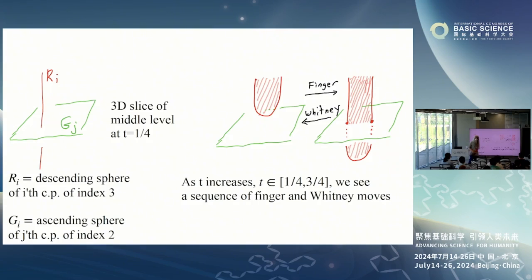Possibly create new intersections between ascending and descending spheres. So as you go from left to right, you see maybe some number of finger moves where it creates pairs of intersections. Some number of Whitney moves, maybe 2 finger moves, Whitney moves, 4 finger moves, Whitney moves.